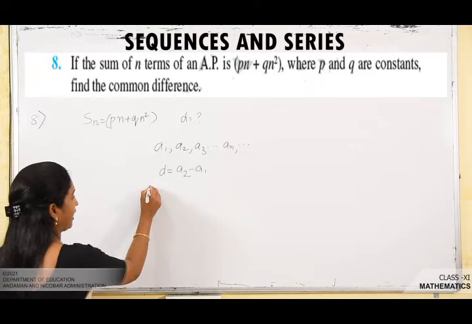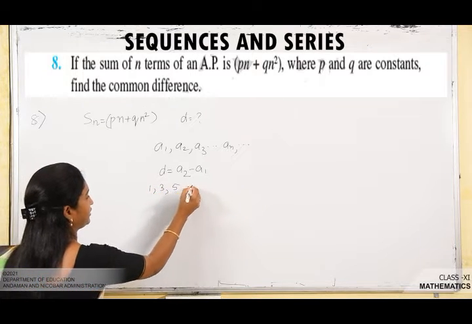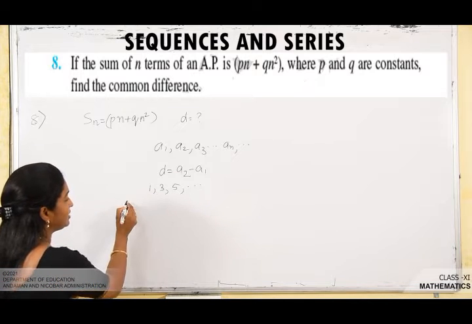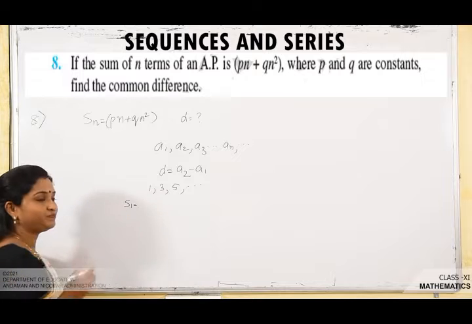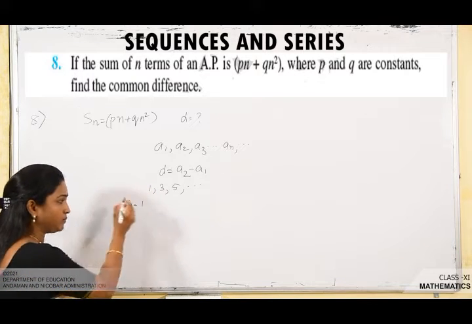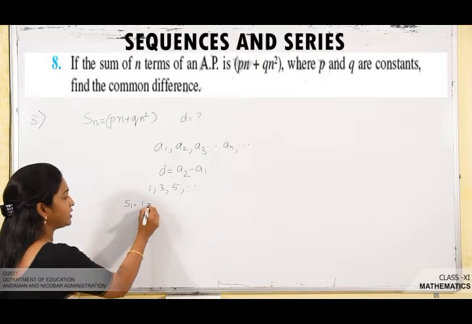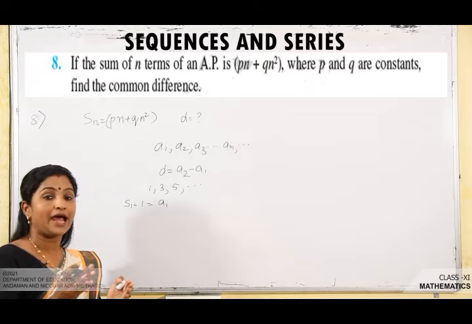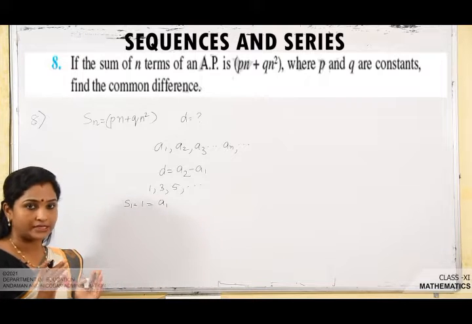So suppose you have a sequence 1, 3, 5, etc. How to find the sum to first term? Here if you carefully observe, sum to first term means it is the first term 1, which is your A1, means the first term and the sum to first term are both the same.